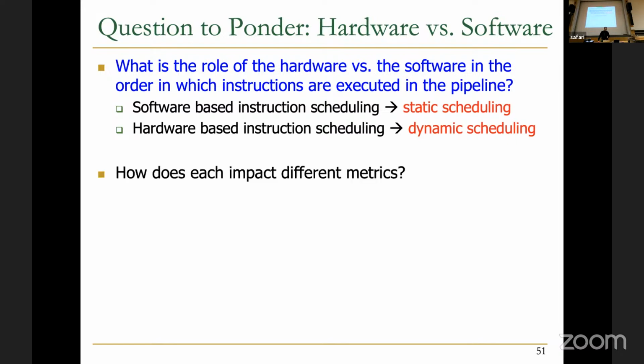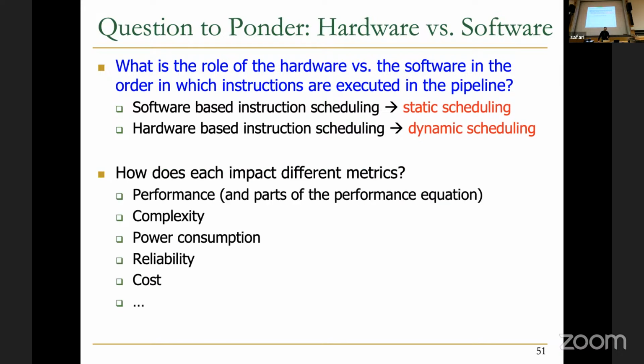But when we are in static scheduling, you have your compiled code, and that's the scheduling. Then in the hardware, you need to obey that sequential instruction ordering that you have. All of these design choices have an impact on different metrics like performance, complexity, power consumption, reliability, cost, and so on.